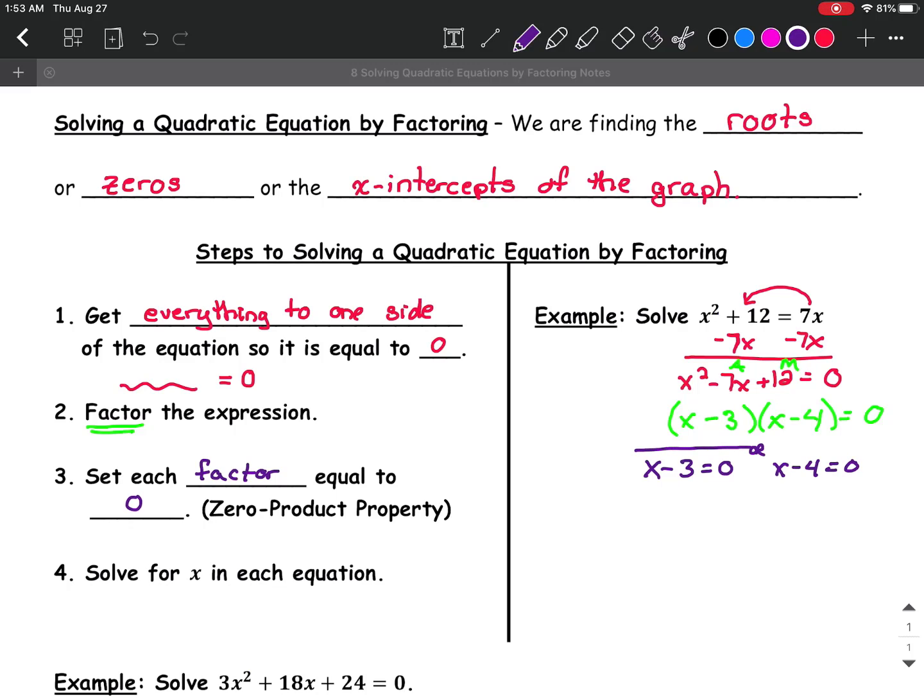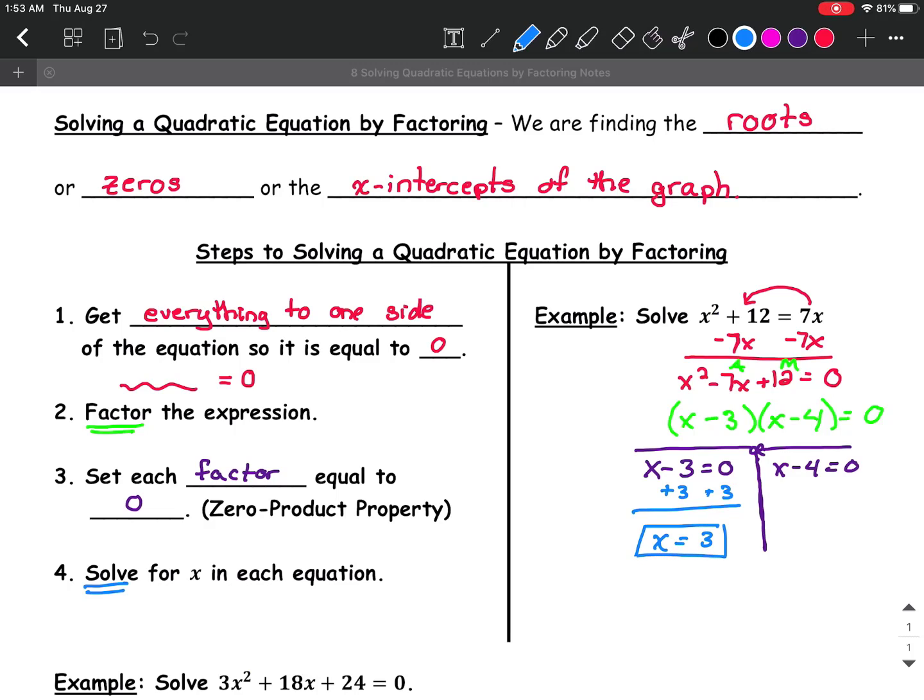This is where a lot of teachers will tell you you're doing your t-chart. We set each factor equal to 0 and then solve for x in each little equation, because now we have 2 little equations, x minus 3 equals 0 and x minus 4 equals 0. To solve the first one, we would do the opposite and add 3 to both sides, and we get that x equals 3.